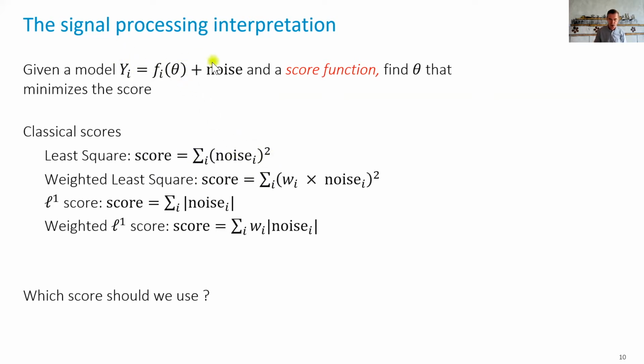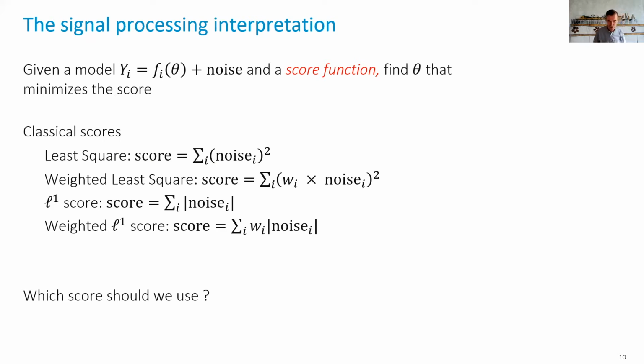So if there is no noise, we have equality between y and f, but there is a difference. So for a given value of theta, I compute the error, which is y minus f. I call it noise, and the L2 norm of the noise is the score that corresponds to the least square. So least square fitting means find the value of theta that minimizes this score.